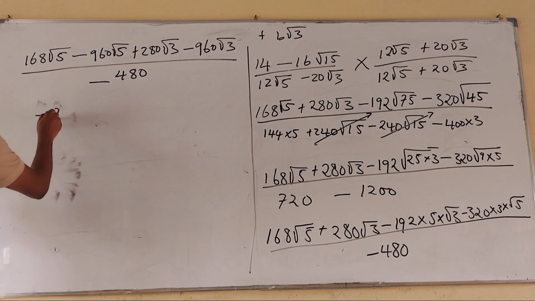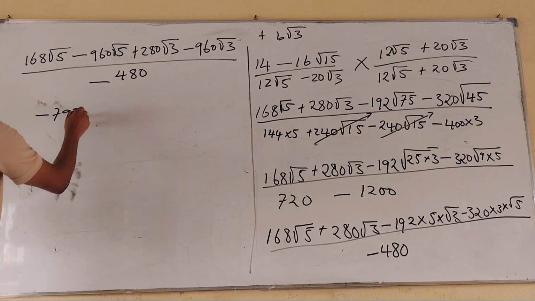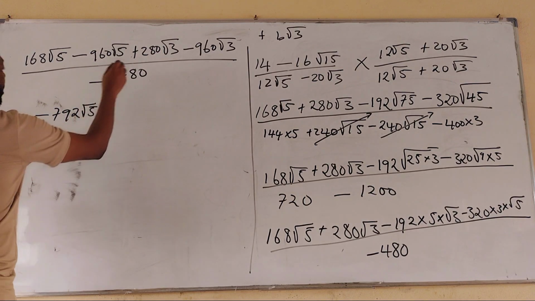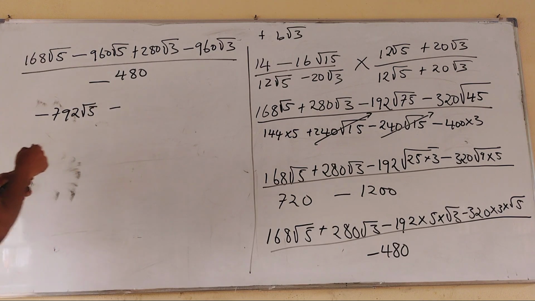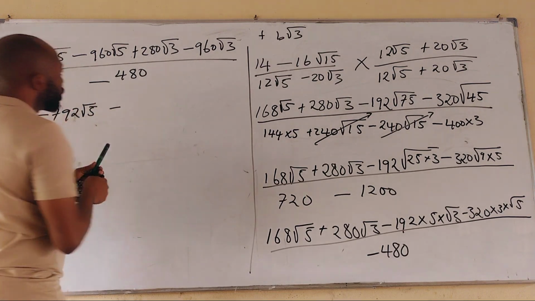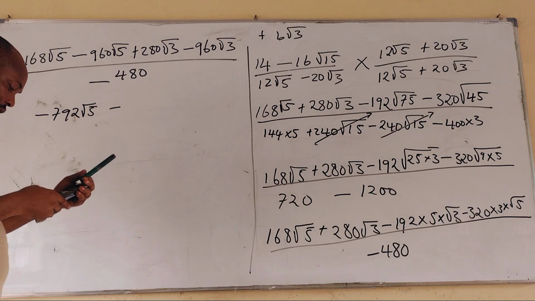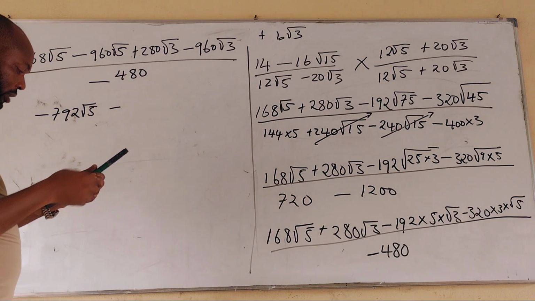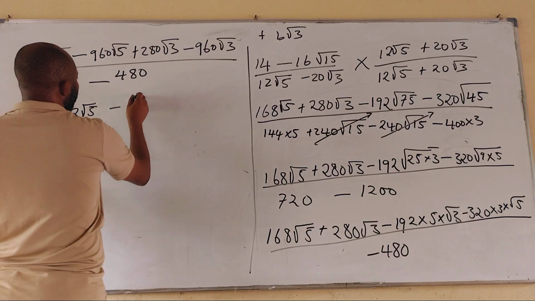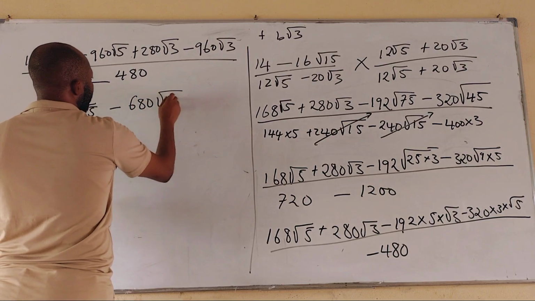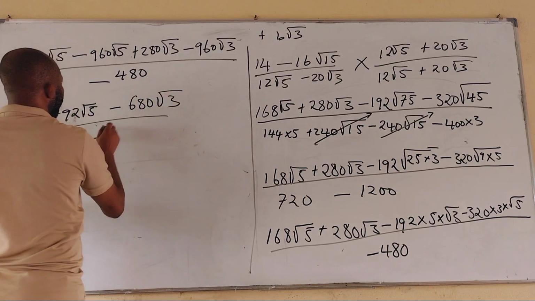This is minus 792 root 5 minus, because I know it's still going to give us minus. 280 minus 960 is minus 680, so minus 680 root 3 all over minus 480.